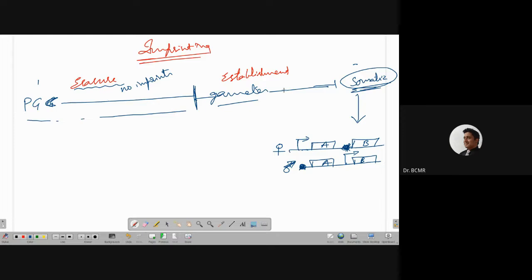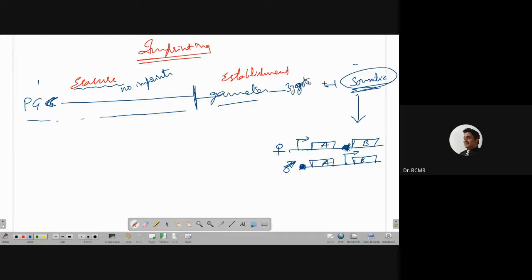But in the germplasm, some things happen. That is, the gametes, and between this stage, before the somatics, establishment, and then we will have the zygote.